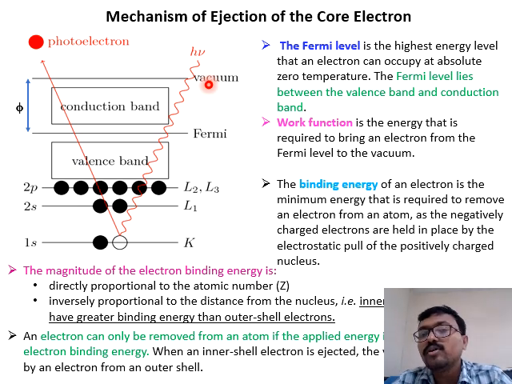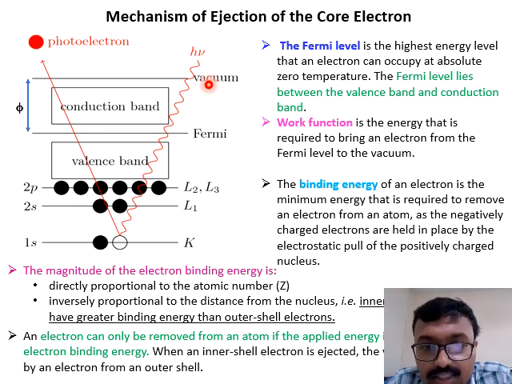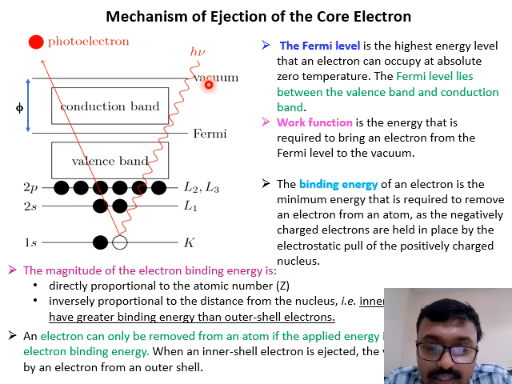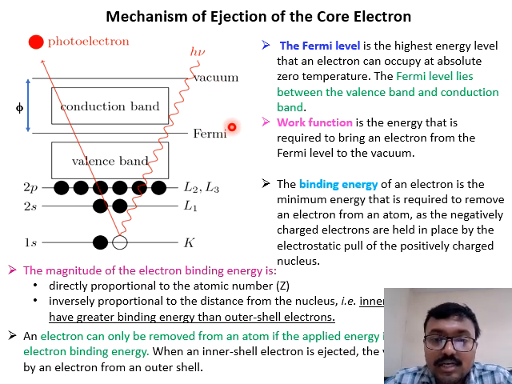Before, in a general way, I said work function is the amount of energy required to bring the electron from the surface, to overcome the binding energy of the electron. That is the work function. In more detail, work function means the energy required to bring the electron from the Fermi level to the vacuum level.